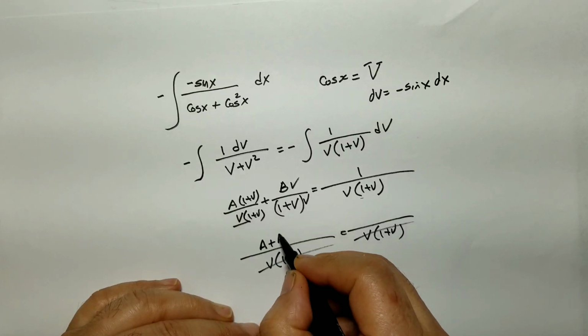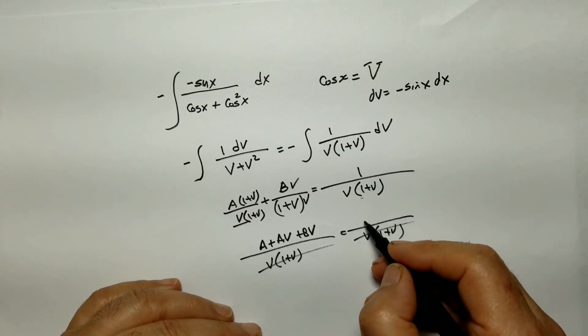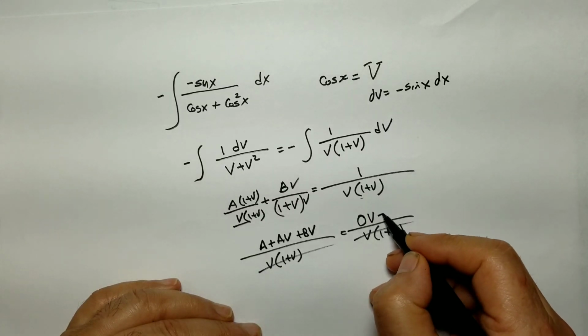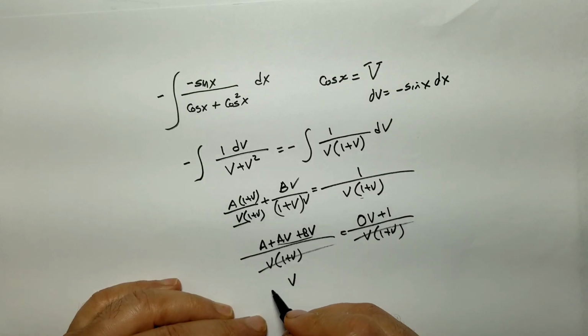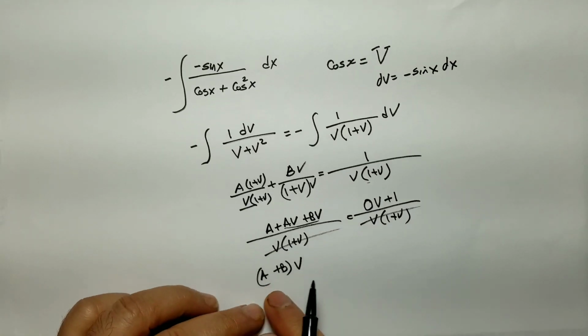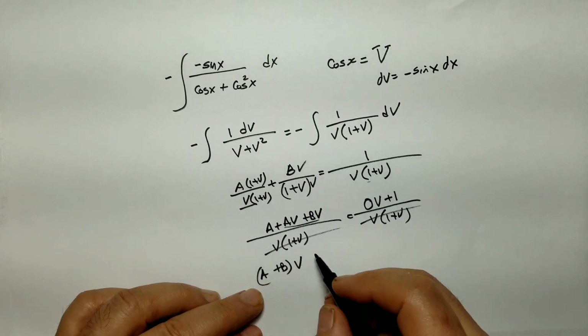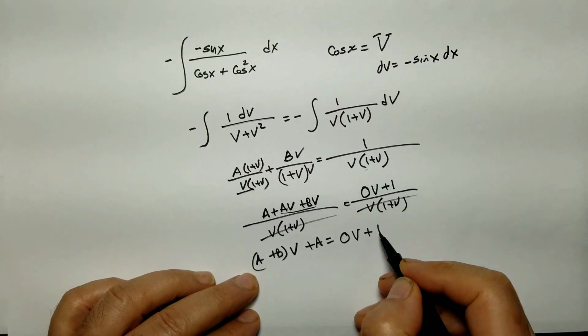A plus Av plus Bv equal to 0v plus 1. Factor the v. I have A plus B. Remember, these are constant multiples. I put my constant to the left, plus A equal to 0v plus 1.